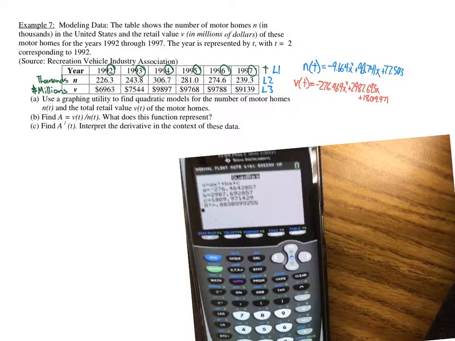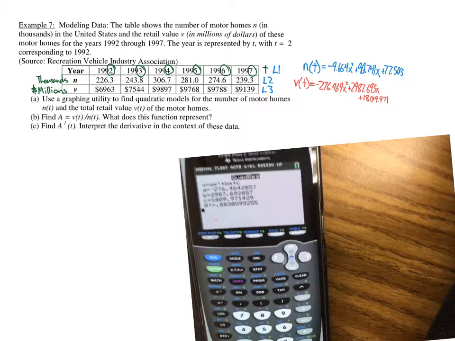Okay? So for every 1,000, it's going to give us our value for each 1,000 as the year goes up. So it's almost like a unit price. How much would 1,000 unit mobile homes be worth in 1992 or in 1993 or in 1994? Okay? So that's our value in millions of 1,000 mobile homes.